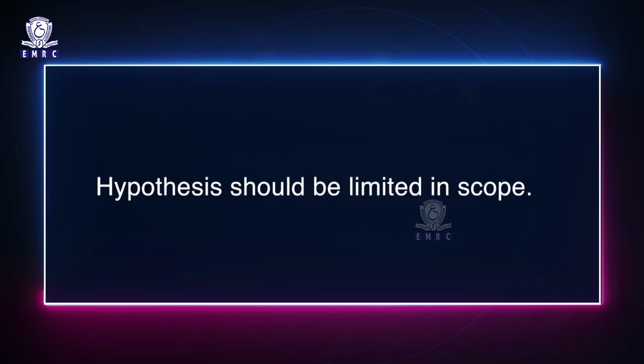Ambiguous terms or constructs are difficult to define operationally, that is, in terms of data collection. Use of general terms and words such as good, bad, poor, personality, social class, etc. make a hypothesis vague.